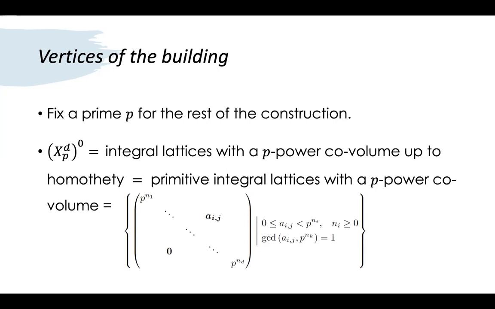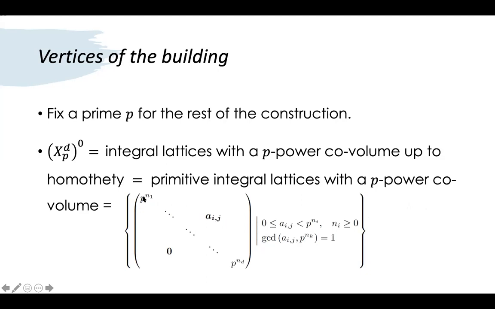So this is just choosing the smallest representative of every set from the first definition. And I claim that for every such primitive integral lattice with a p-power covolume, you can take a matrix that represents it of the following form.